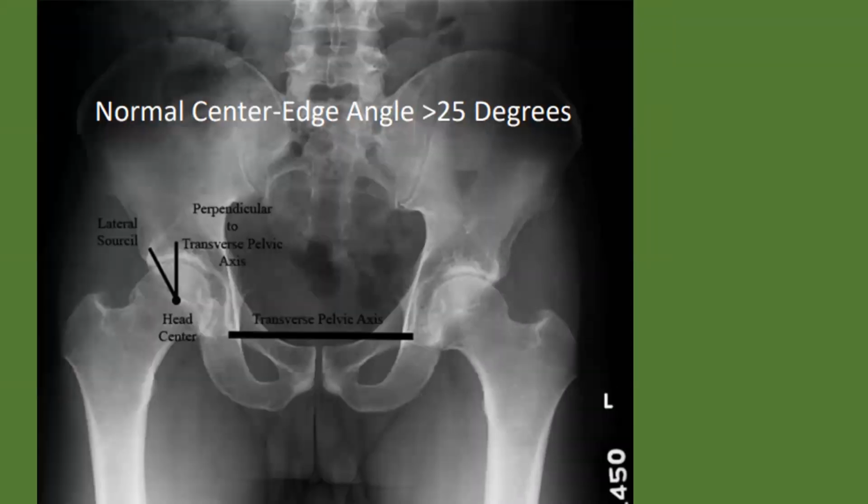You should know about the CE angle, the Tönnis angle, the acetabular angle. You should know where the sourcil is, and you should know about the teardrop sign. You should know how to assess the obturator arc if it's disturbed. These will all tell you about DDH.